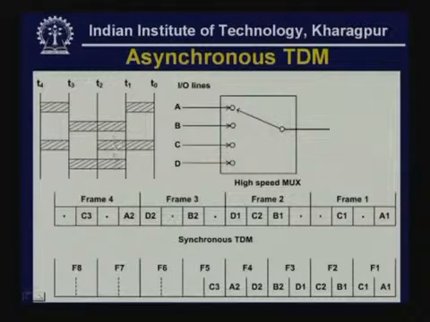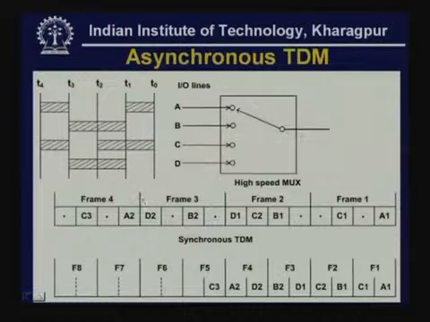Then in the next frame, as you can see, we have got 3 data. That means there is no data from source A, however, you have got data from sources B, C and D. So, this is your B1, C2 and D1. So, these are filled up with this data.